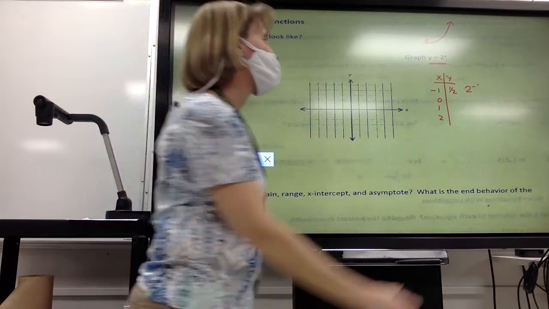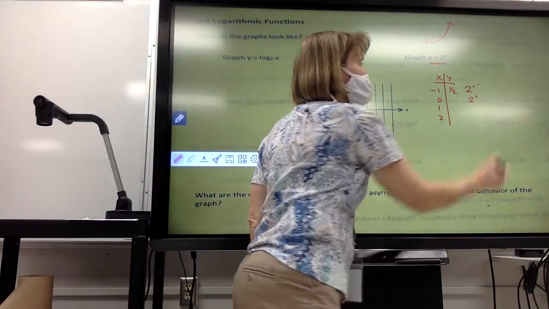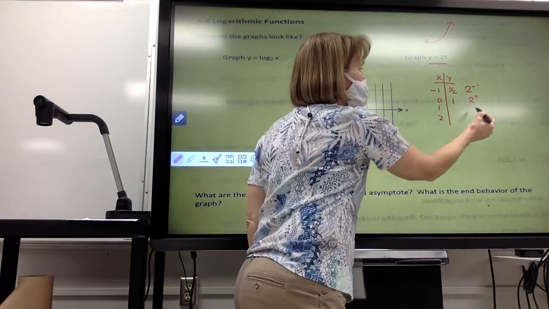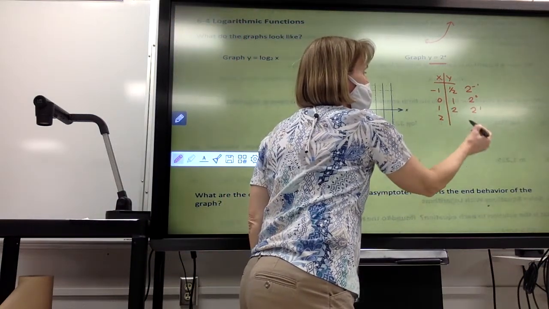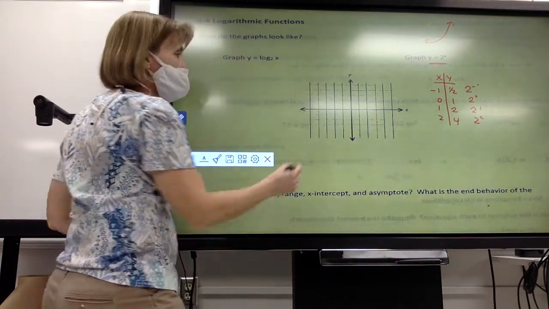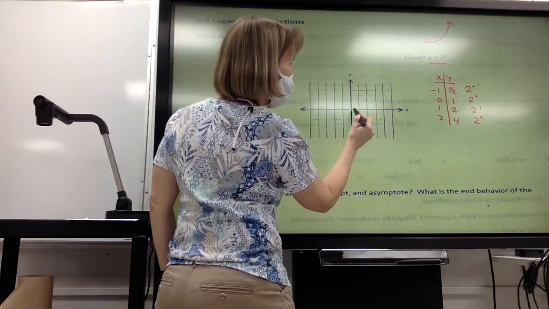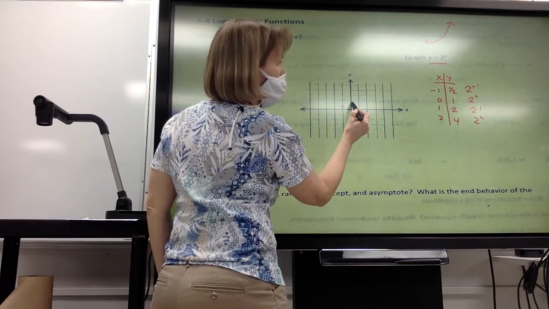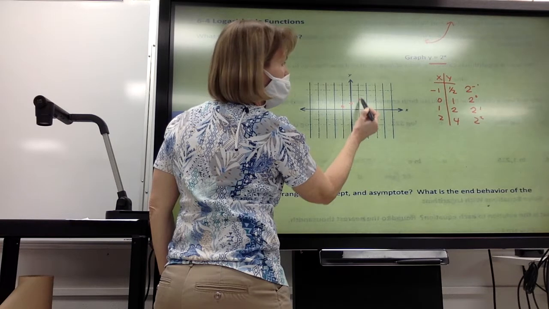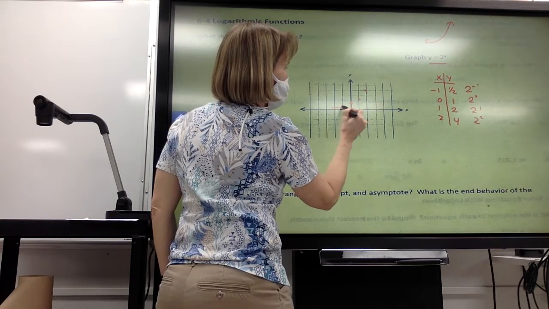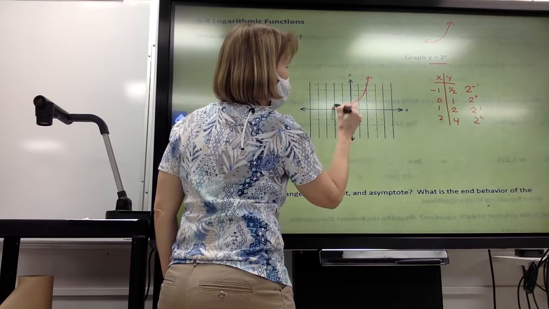And if I put in 2 to the 0 power, what does that equal? 1. 2 to the first is 2, 2 to the second is 4. And so if I plot that, -1 is at a half, 0, 1, 1, 2.